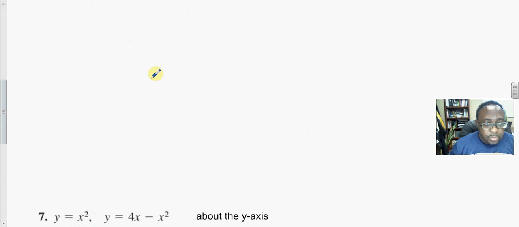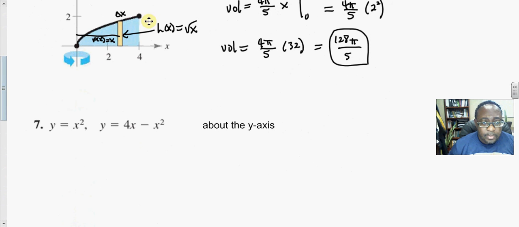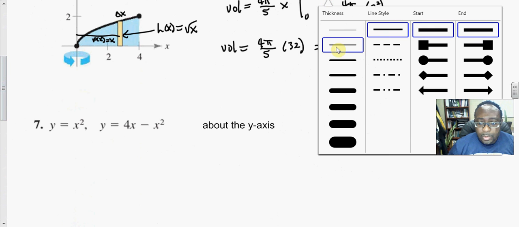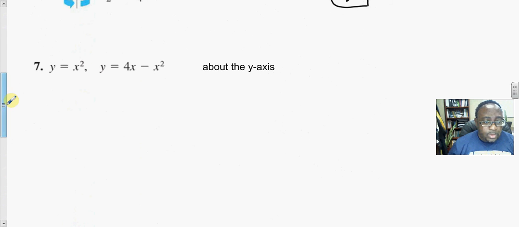A lot of wasted space. That's better. So here, y equal to x squared, y equal to 4x minus x squared. And this is about the y-axis.